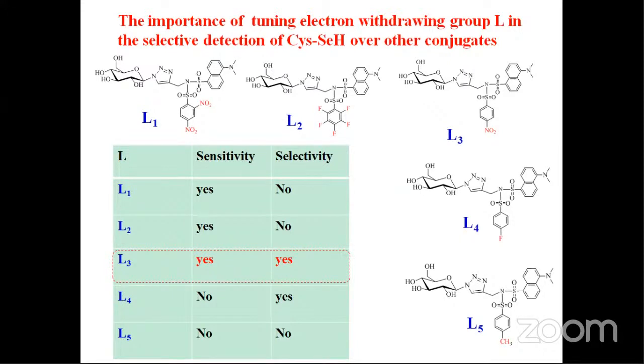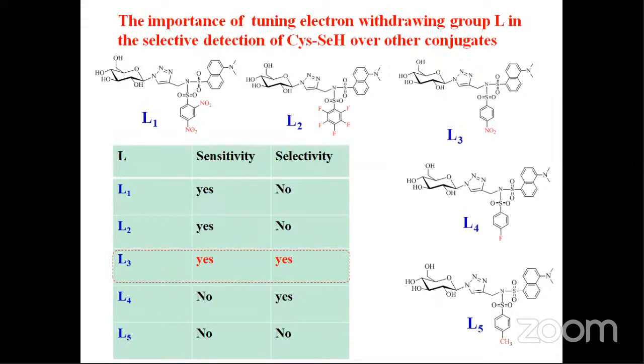So again this is also sensitive. easily differentiate the selenocysteine over other biological thiols or amino acids in the physiological pH.